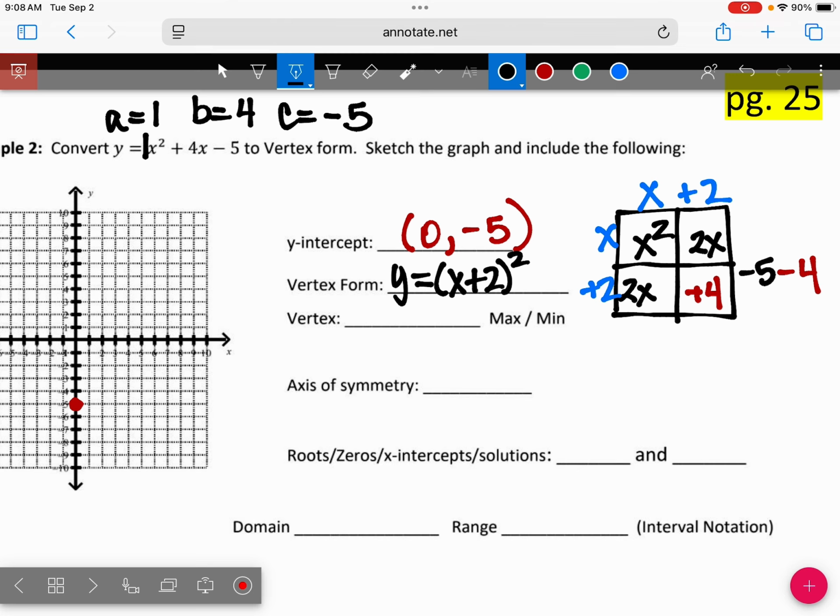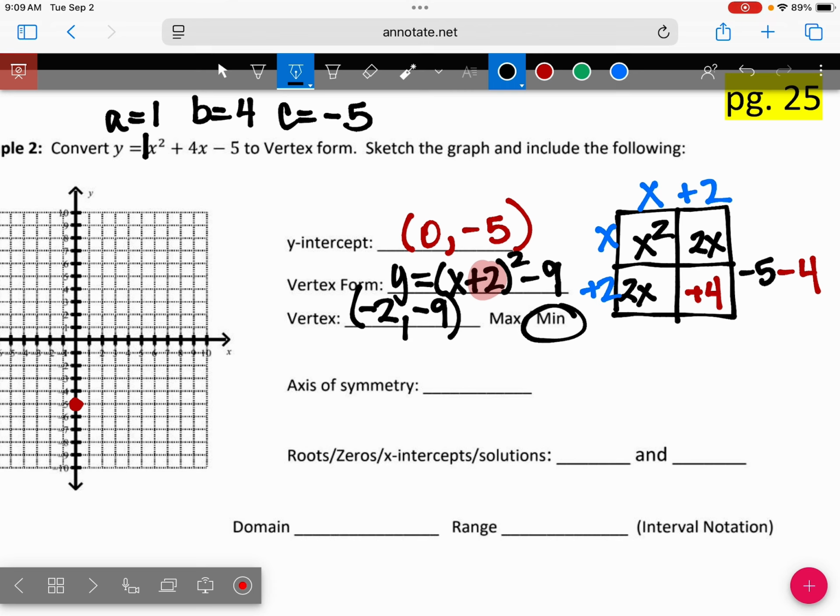Negative 9. Good job. So because A is positive, this has a minimum. And whenever you find your vertex, this number, you always flip it. So my vertex is at (-2, -9).